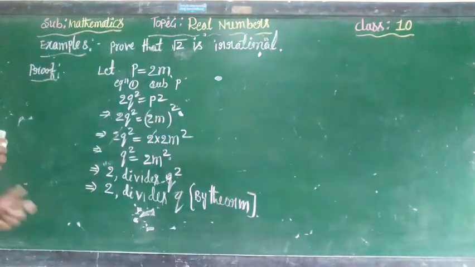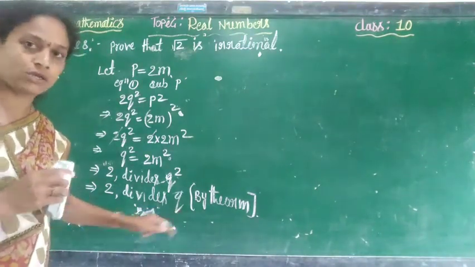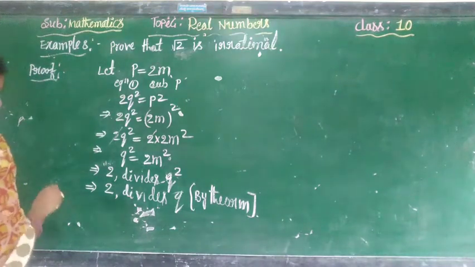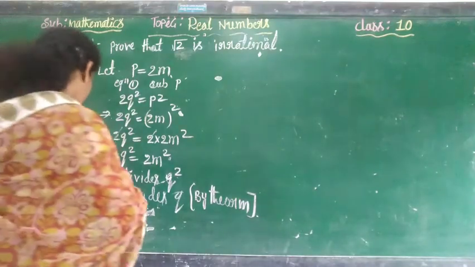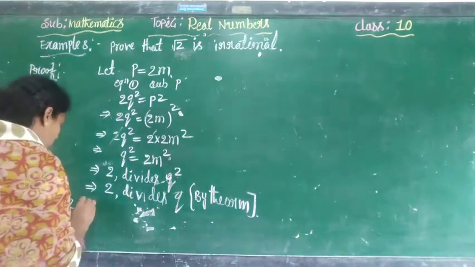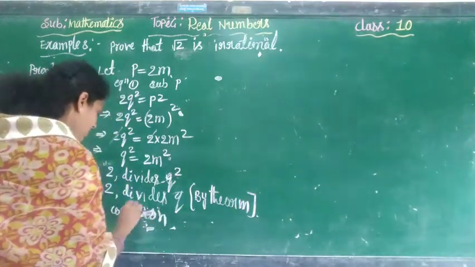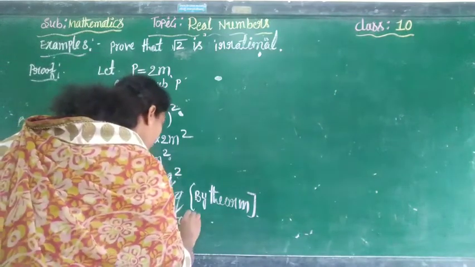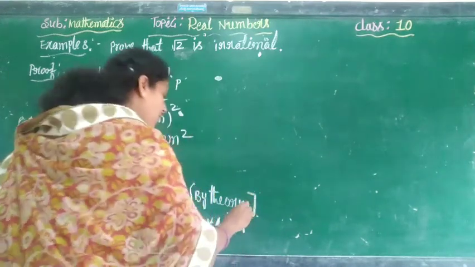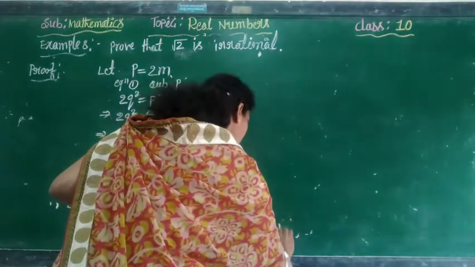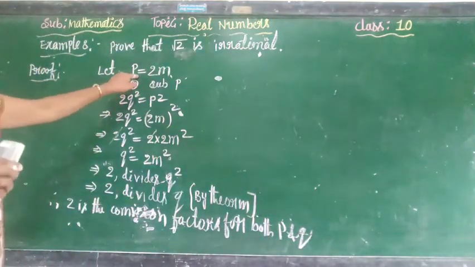So 2 is the prime factor for both P and Q. Therefore 2 is the common factor. Therefore 2 is the common factors for both P and Q.